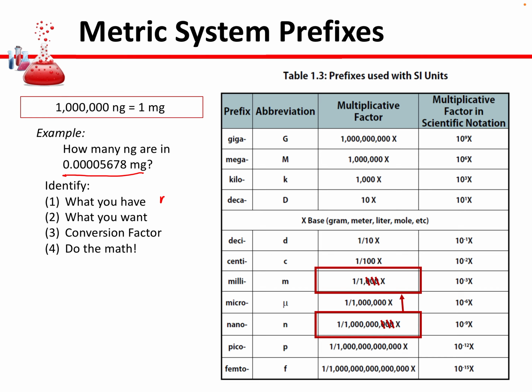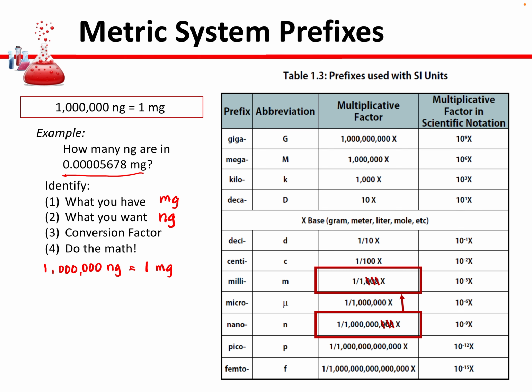So we have milligrams, we want nanograms. We need our conversion factor. We cross off the number of zeros between them. And then the smaller thing is the nanograms. It's farther down. It still has 6 zeros. Nanograms equals 1 milligram. All right, so there's our conversion factor.